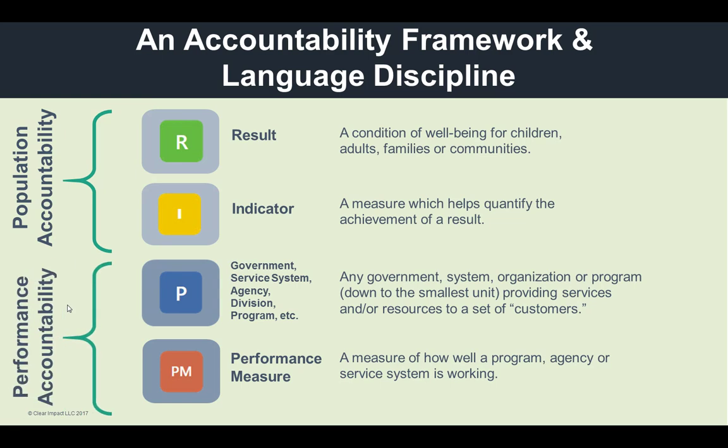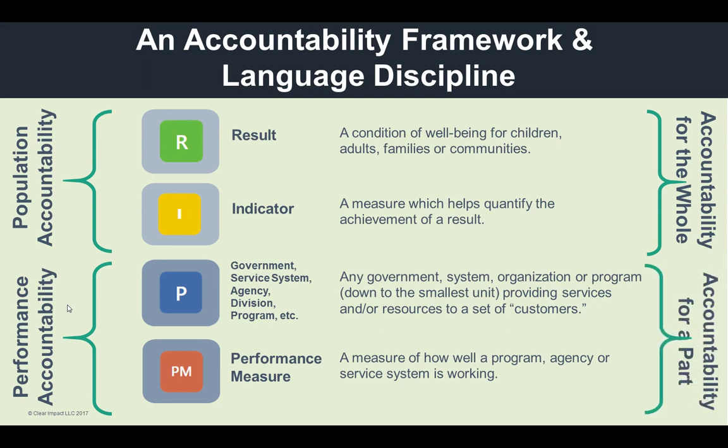For performance accountability, we have a government, service system, agency, division, program, etc. It can be any government system or organization or program, down to the smallest unit providing services and or resources to a set of customers. And then a performance measure would be a measure of how well a program, agency, or service system is working. So to summarize, we use indicators for population results and performance measures for governments, agencies, programs, etc.